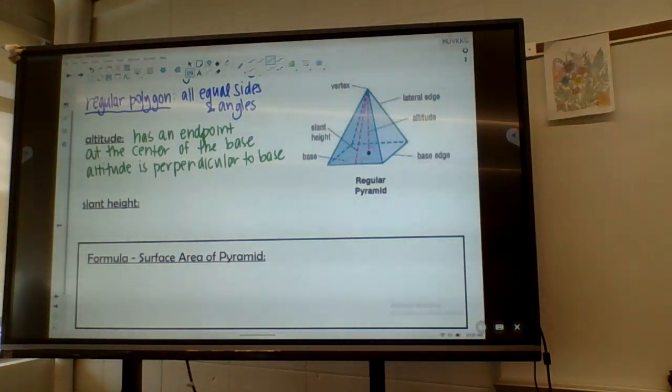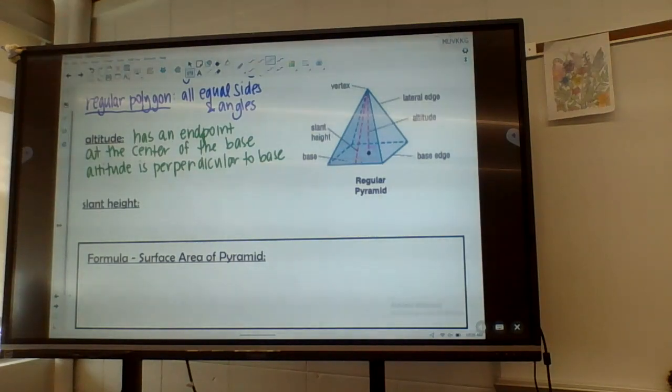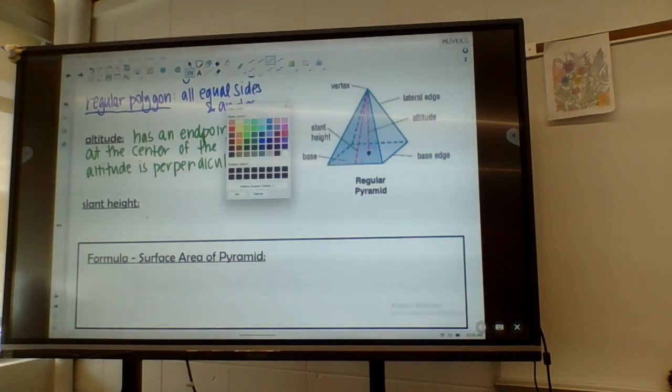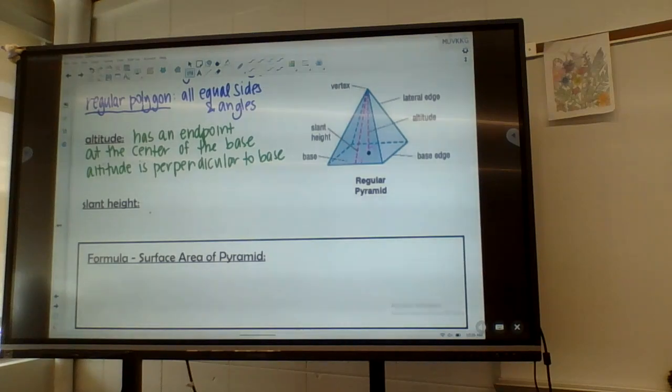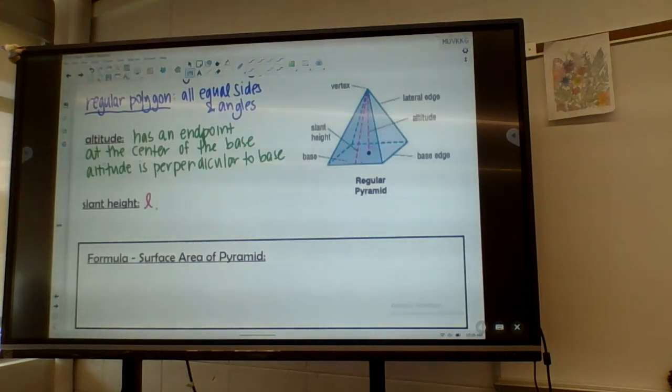So if you were sliding down the side of the pyramid, again, think adventure, like we're in Egypt, you go right down one of the main faces. And they use kind of a weird symbol for that. They use a cursive lowercase l, it looks like that. So that's our slant height.